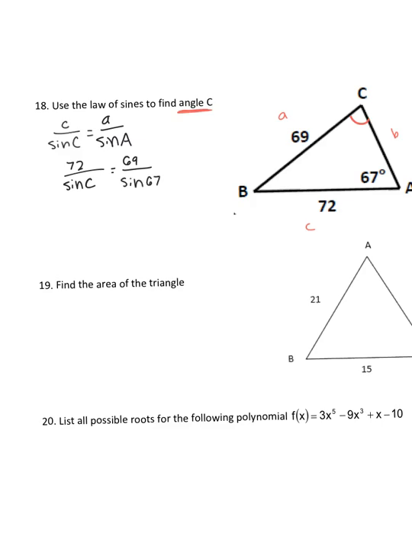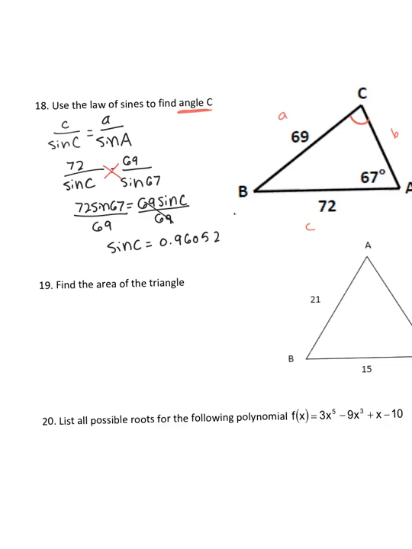Once you get to this point, you're going to cross multiply. So I've got 72 times the sine of 67 equals 69 times sine of C. Then I want to get sine of C by itself, so I'm going to divide both sides by 69. You can type that fraction into your calculator. It's going to give you about this value.